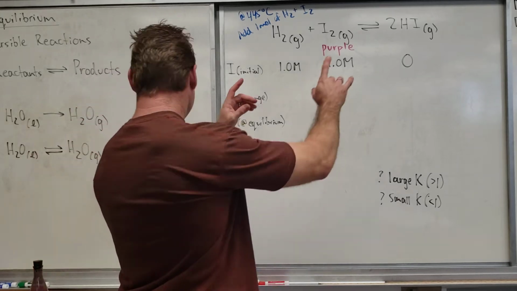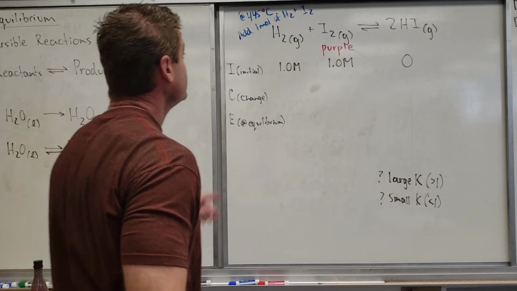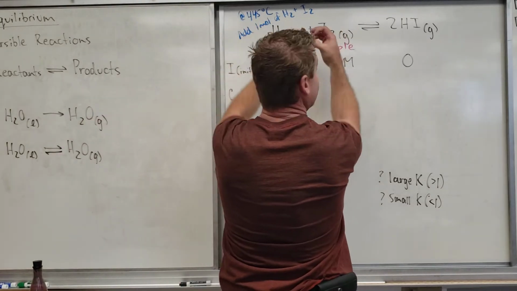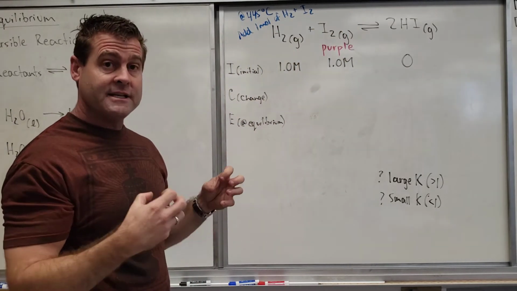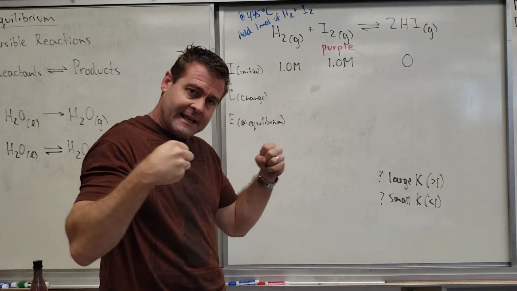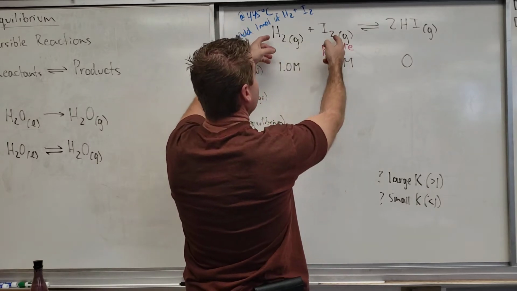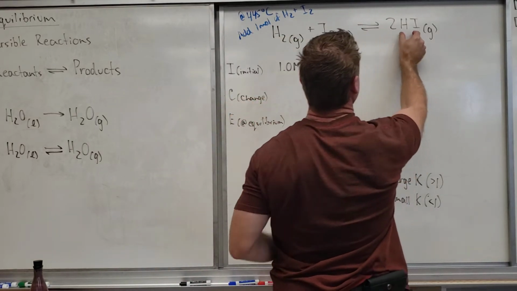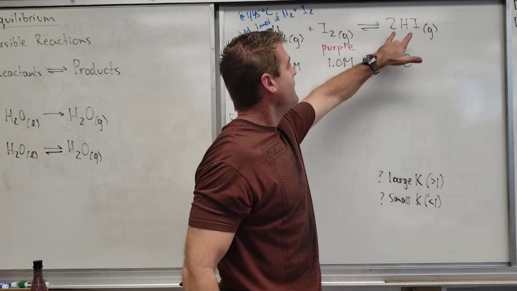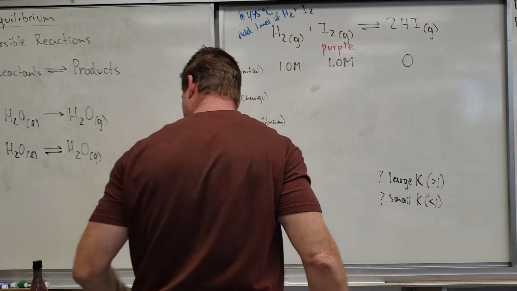What's going to happen is some of the hydrogen and iodine are going to collide. Remember, molecules need to collide, and if they have enough activation energy, high enough kinetic energy, old bonds can break and new bonds can form. Hydrogen and iodine can combine and form hydrogen iodide. That would be our typical reaction.